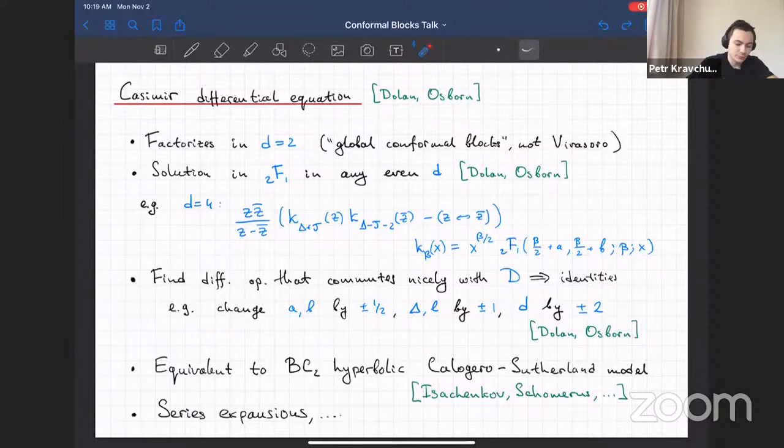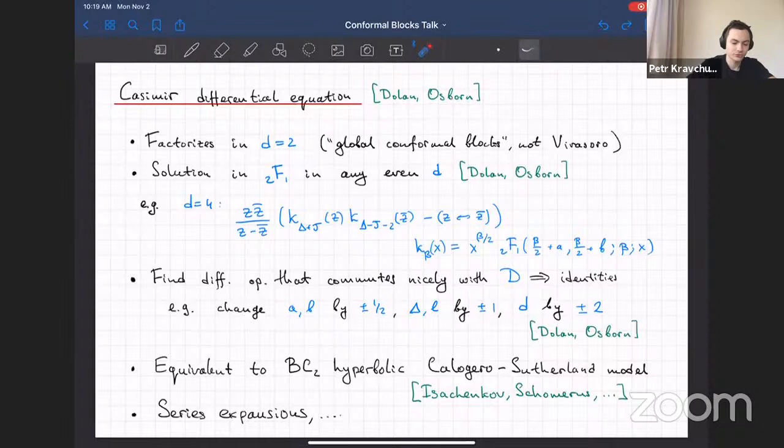For example, Dolan and Osborn derived differential operators which can change A and B of the conformal block by plus or minus 1/2. They can change the exchanged dimension or spin by plus or minus 1, or they can even change the space-time dimension by plus or minus 2. These are the various identities that exist for hypergeometric functions.